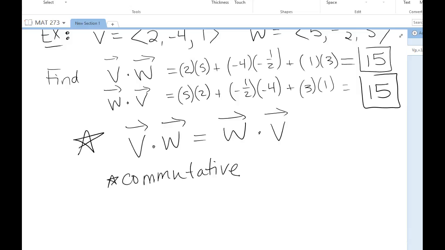The way I remember that, I always used to get commutative and associative mixed up. So when you commute to work, you're actually going somewhere. Something's being moved. You are being moved from your home to your work. So commutative is when things get moved.